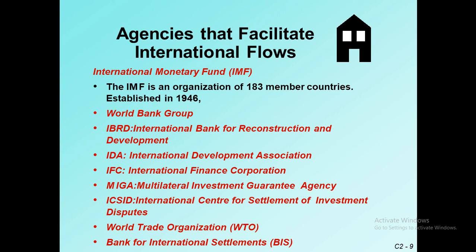There are a lot of functions of BIS: a forum for international monetary and financial cooperation, a bank for central banks, a center for monetary and economic research, an agent or trustee in connection with international financial operations. These are the agencies which facilitate international flows.